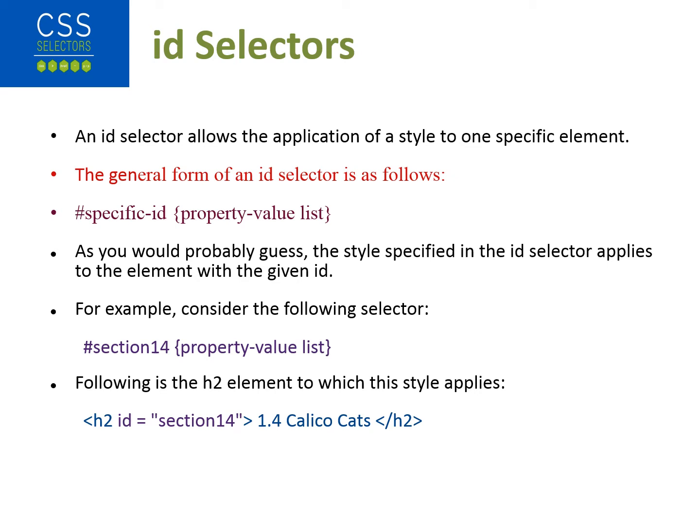Here it is used with the H2 tag: H2 ID is equal to session14, then 1.4 Calico Cats, closing H2. So this particular text, 1.4 Calico Cats, should appear with the style specification specified with ID session14.